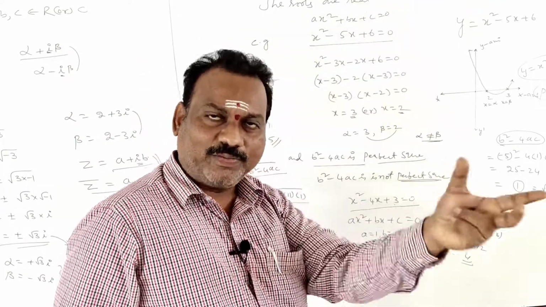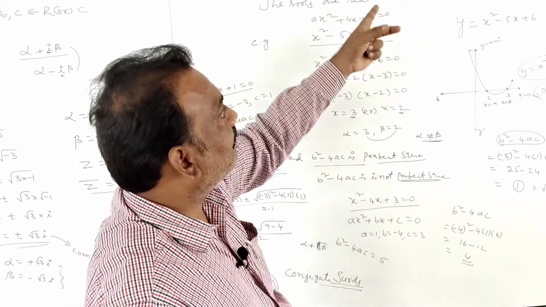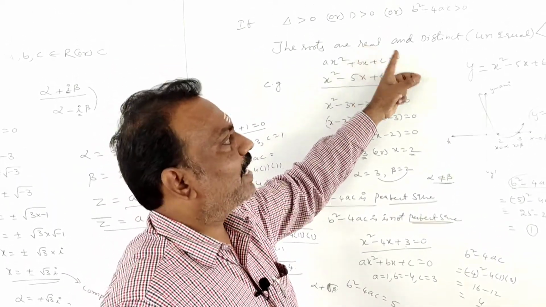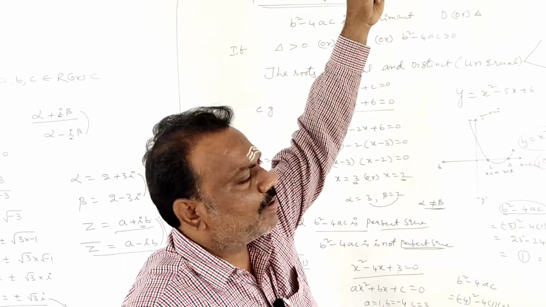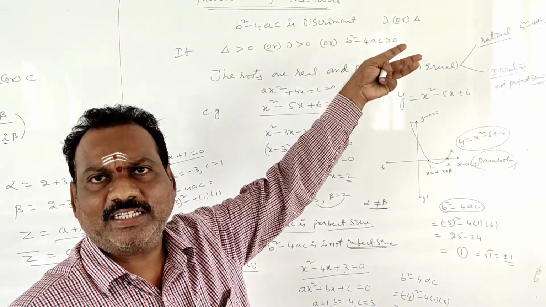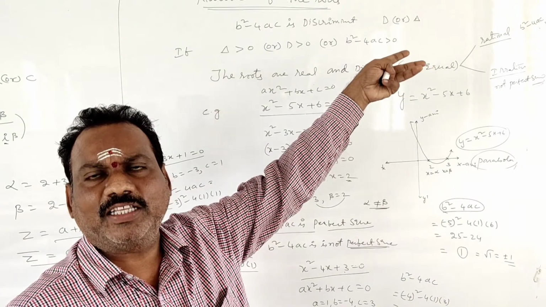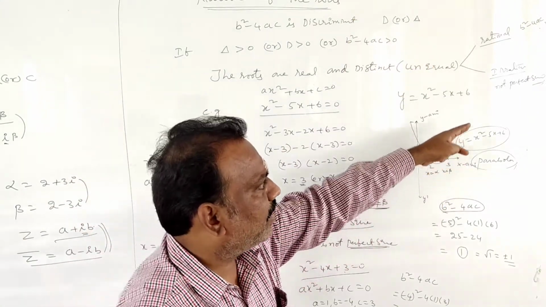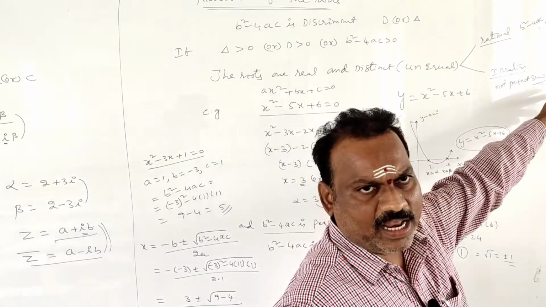But we have to classify it again. Here we will say just real numbers, all real numbers, but we will classify it. Rational numbers are possible, irrational numbers are possible. How will we say that they are rational? If the discriminant is a perfect square. If the discriminant is not a perfect square, they are called irrational.